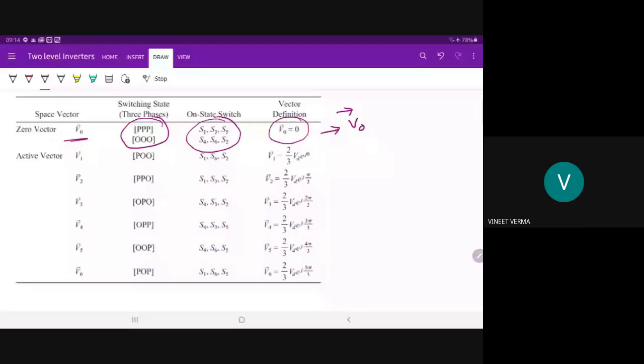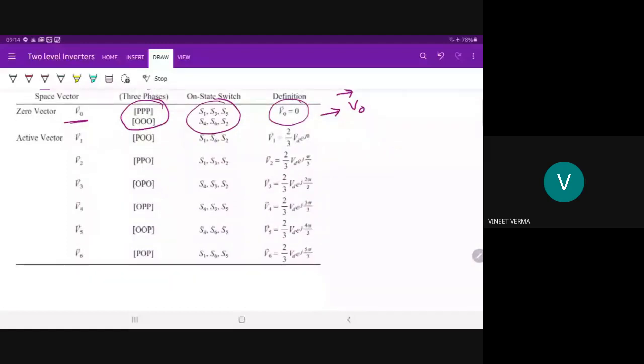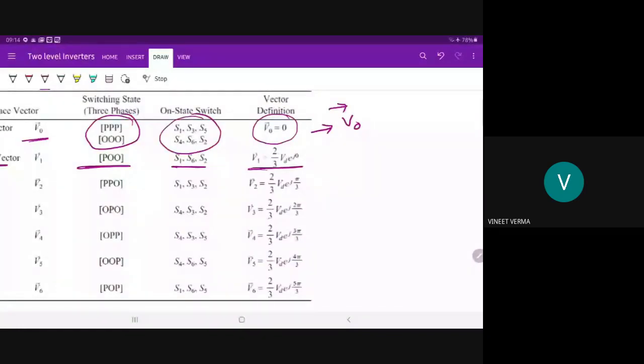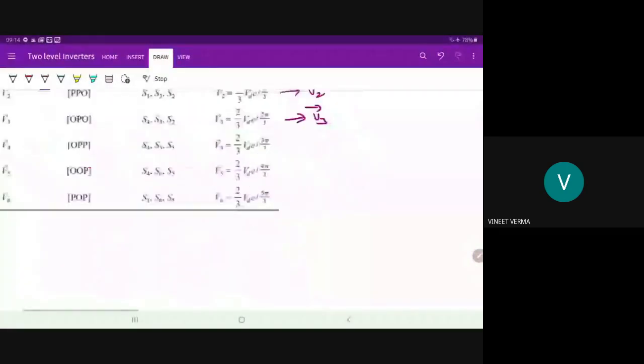And the second one is an active vector, corresponding to P00, where switches 1, 6, 2 are on. The corresponding vector is 2 by 3 Vd into e to the power of j0. I assume this is the V1 vector. Similarly, this is the V2 vector, V3 vector, V4, V5, and V6 vectors. Okay.